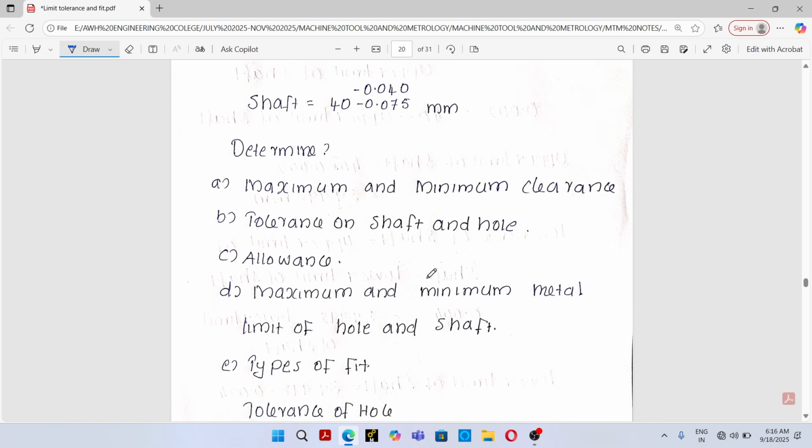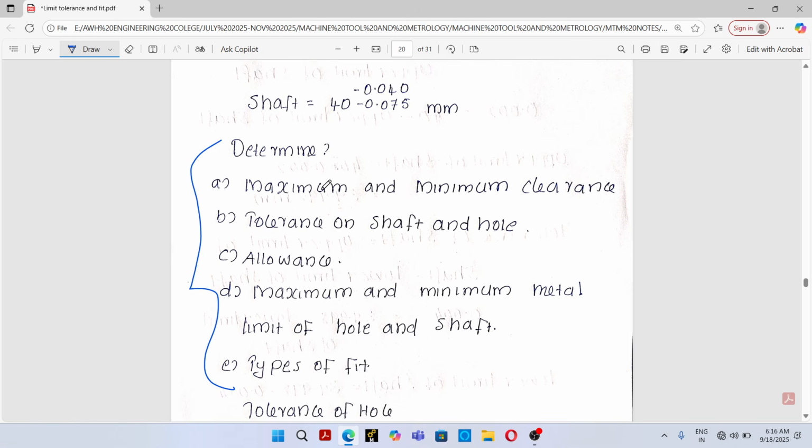We have to determine maximum and minimum clearance, tolerance on shaft and hole, allowance, maximum and minimum metal limit of the hole and shaft, and the type of fit. This is what we have to find. It's a very important question.